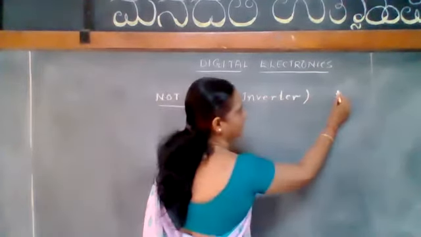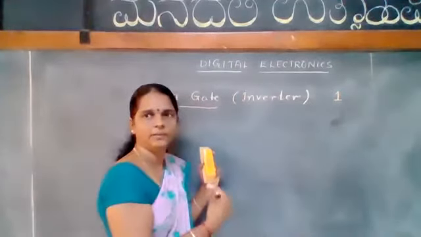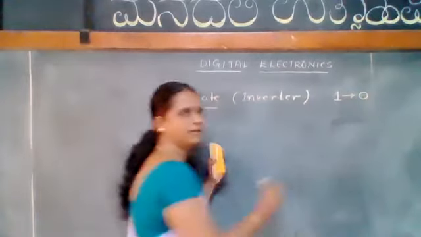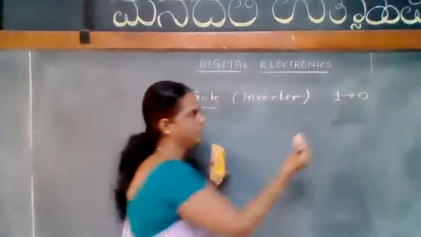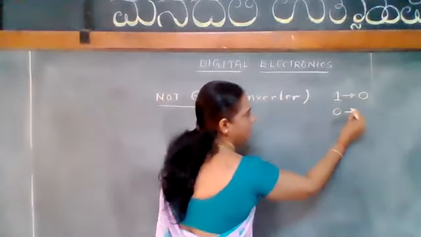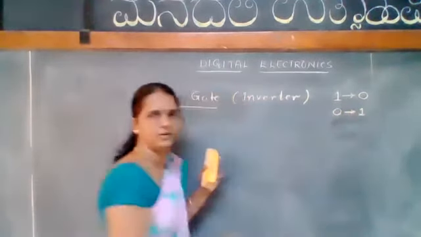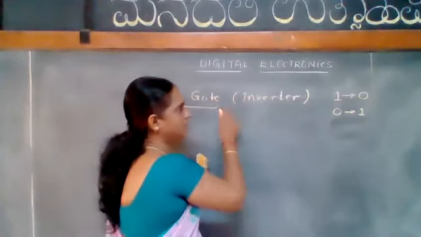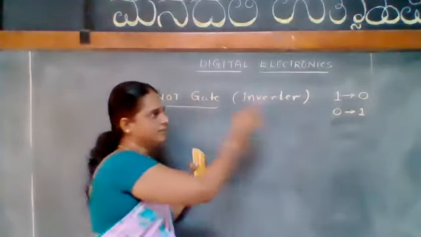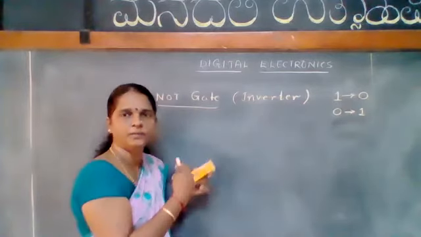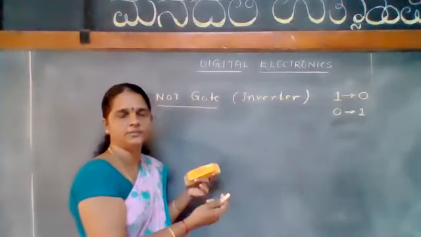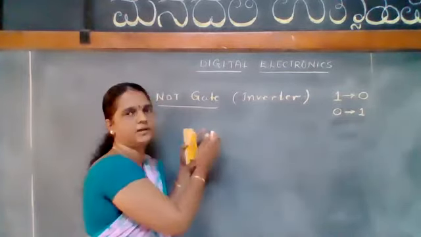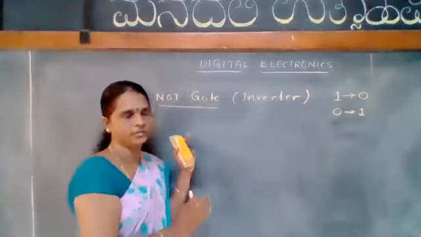If we write 1 as the input, the complement of this 1 is nothing but 0. If the input is 0, then the complement is 1. So inversion or the NOT gate does the same function. It complements the input, whatever is given to it, and the output of that device will be the inverted output.